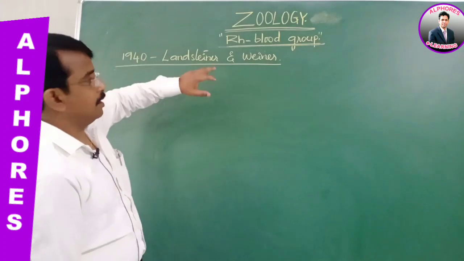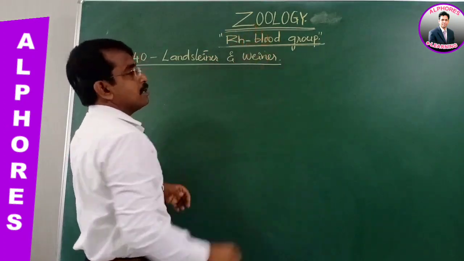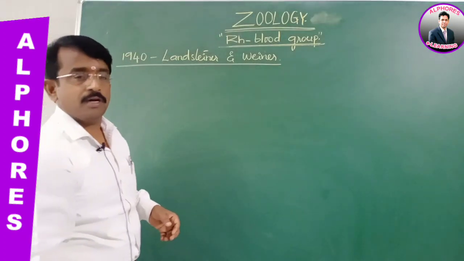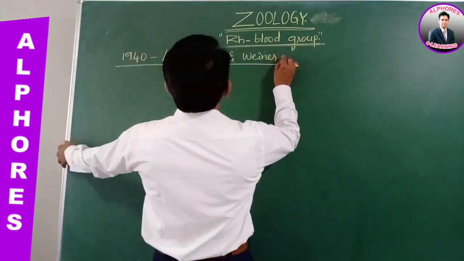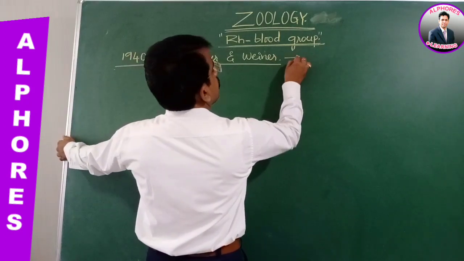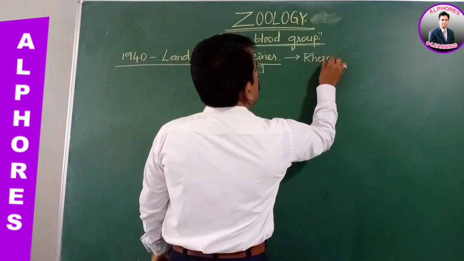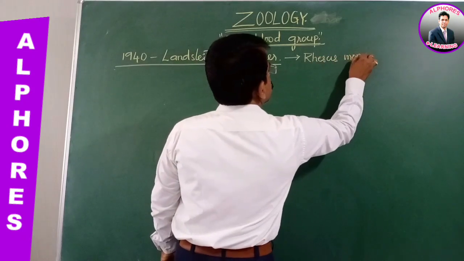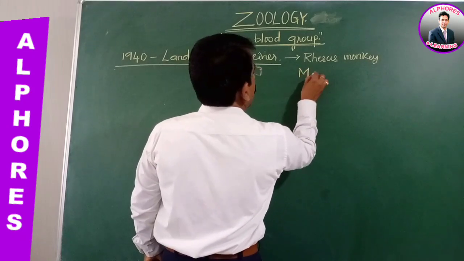That is another besides the ABO, none other than the Rh blood group. Its discovery was done in 1940 by Landsteiner and Wiener while working with the rhesus monkey, whose name is Macaca mulatta.